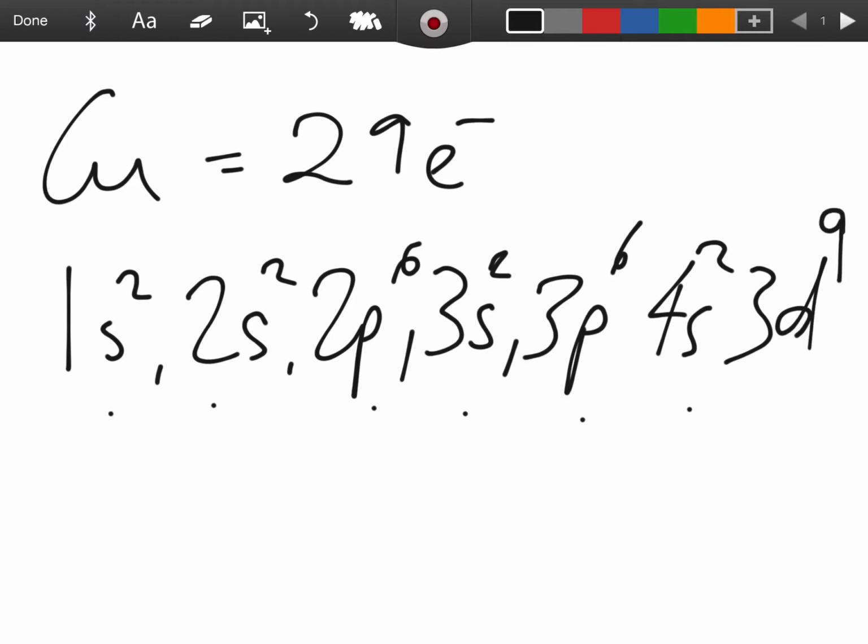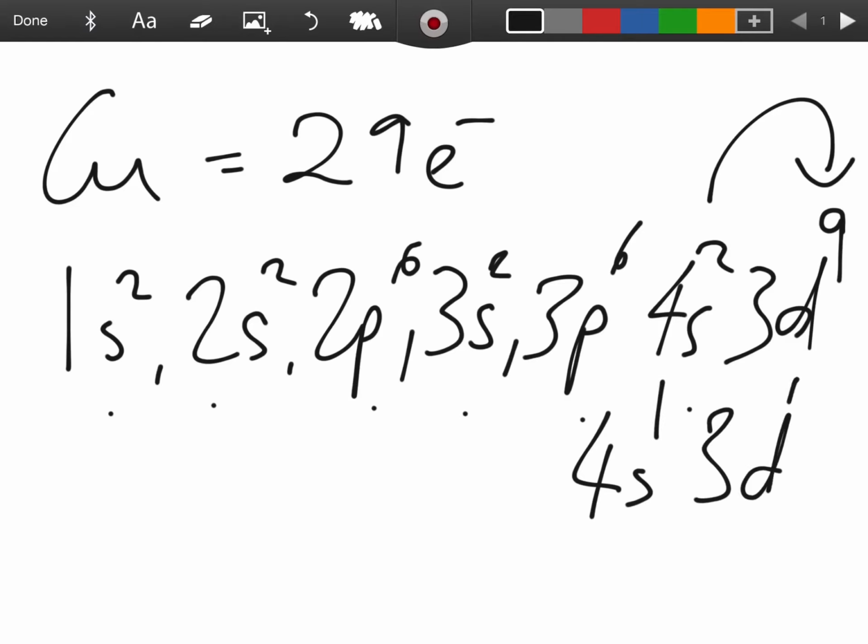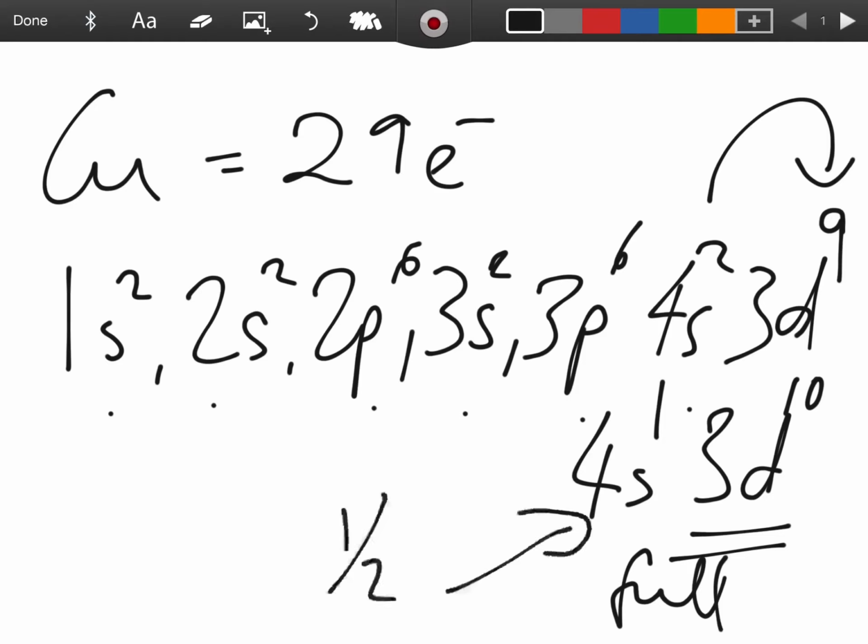So I'd be putting a 9 into my 3d sublevel to satisfy the 29 electrons. But this is the exception to Aufbau's principle. One of the electrons from the 4s sublevel switches over to the 3d. So you have 3d10, which is a full d sublevel, and the 4s is half full, which makes the copper atom more stable.